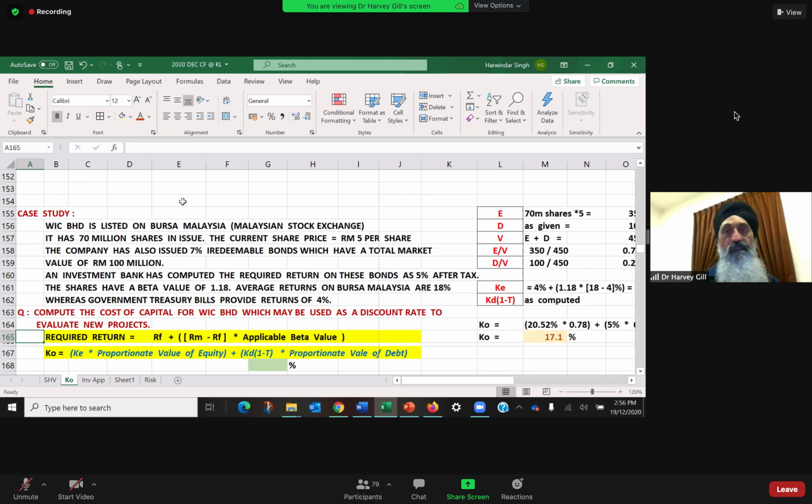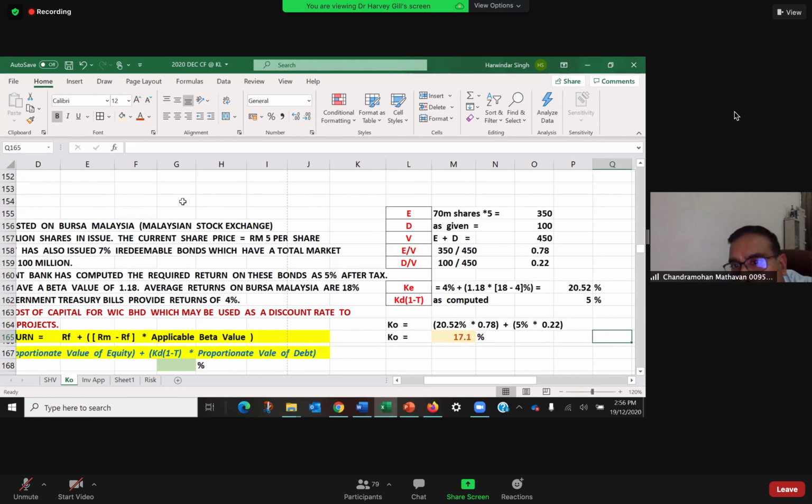Any questions at all? Regarding the KE, yeah. It's about the 4% plus 1.18 times the 18 minus 4%, right? Mm. 18 minus 4, 14. Don't forget 18 minus 4 is in brackets first.